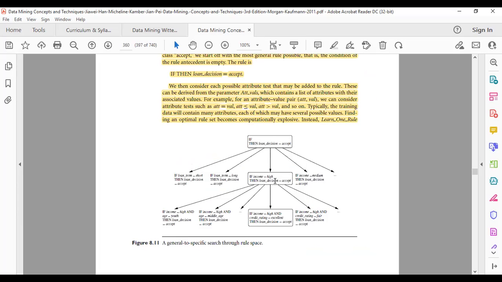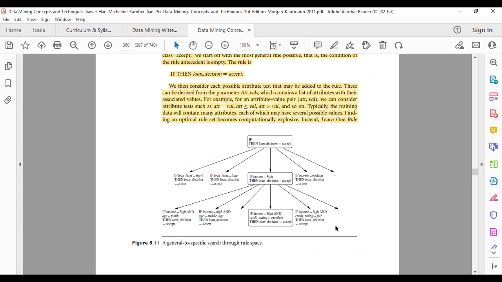When we have made a rule for this high, then from this high we will consider other attributes. When income is equal to high, the other attribute is age. The other values of age are middle age, and then income is equal to high and age is equal to senior.